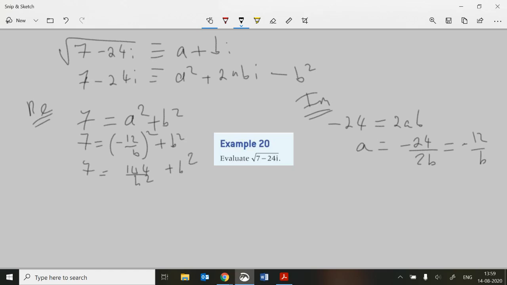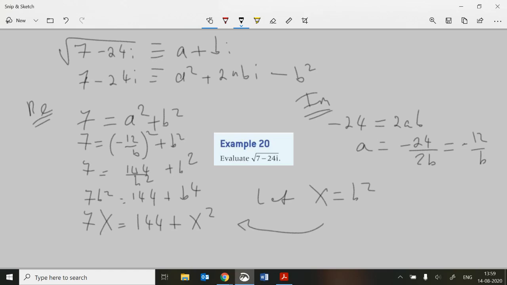7 still. And then we can times everything by our denominator here, and we'll get 7b squared equals 144 plus b to the power of 4. Okay, well, if you want, you could call this 7x equals 144 plus x squared by letting x equal b squared.